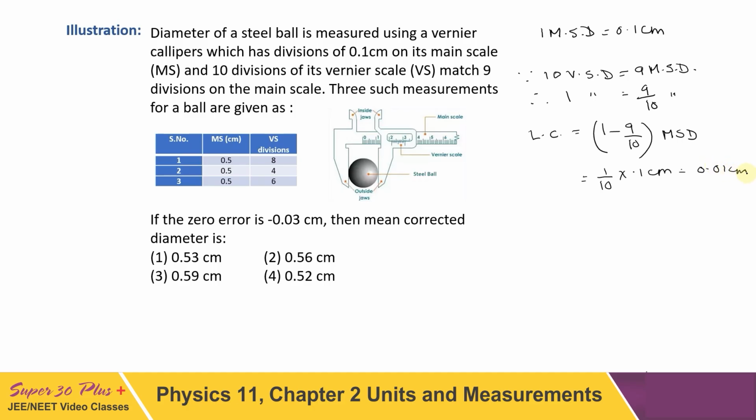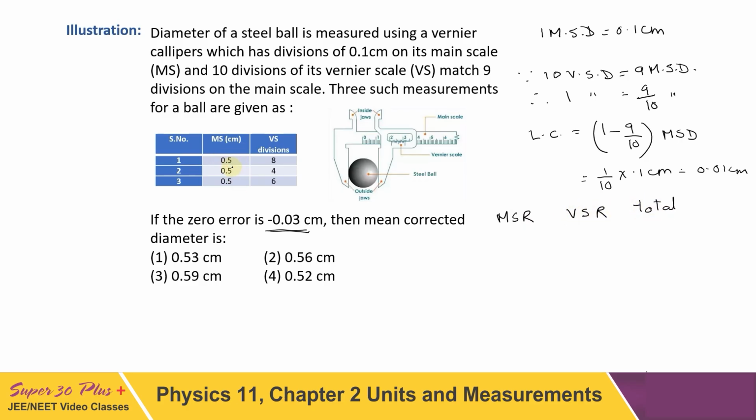Now 3 measurements are given there and zero error is also there. Now see, I had told you that if zero error is negative, it has to be added. So in the result we have to make this correction. Now let us see how this result is written. First we have to write the main scale reading, then the vernier scale reading, and then the total.